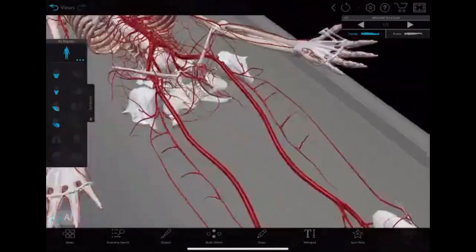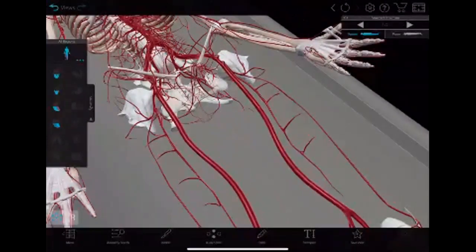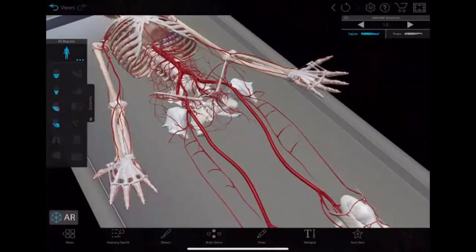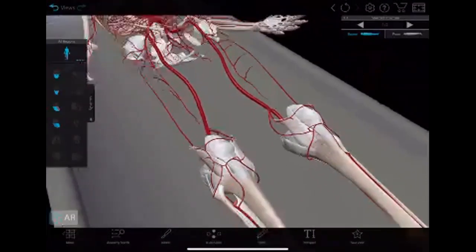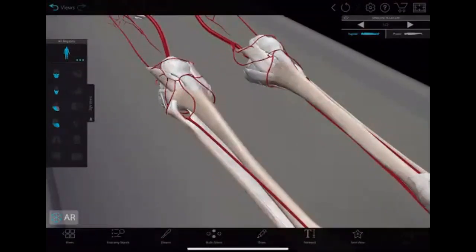Beyond the adductor hiatus, the femoral artery is known as the popliteal artery, and beyond the popliteal fossa, it is known as the tibial artery. It divides into anterior and posterior tibial arteries, which form the arches in the feet.